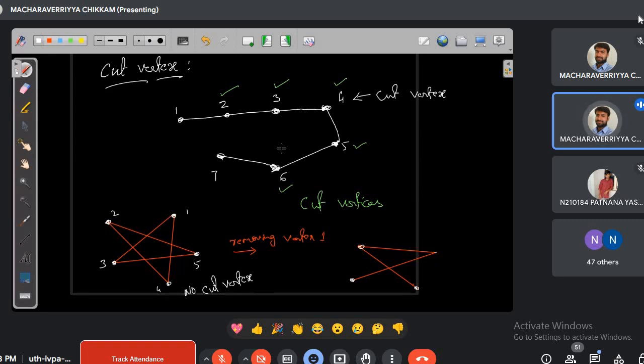But in the second example, the star example, there is no cut vertex. Now how many vertices do you need to remove so that it becomes disconnected? The minimum number of vertices removed so that this becomes disconnected. The answer is not 1, because by removing one vertex, it is not disconnected, since it has no cut vertex.